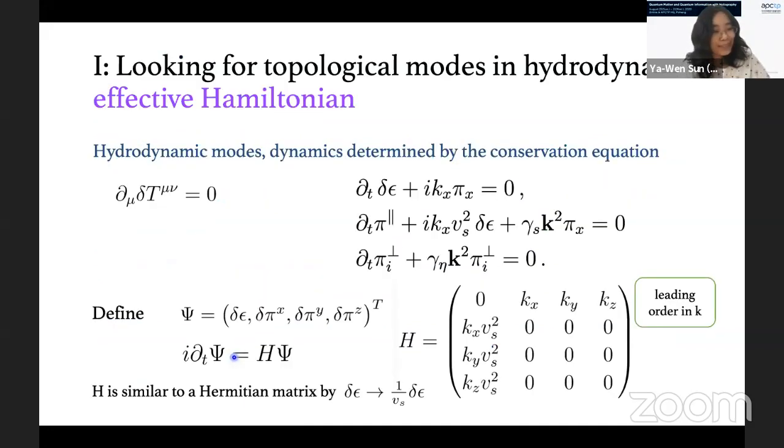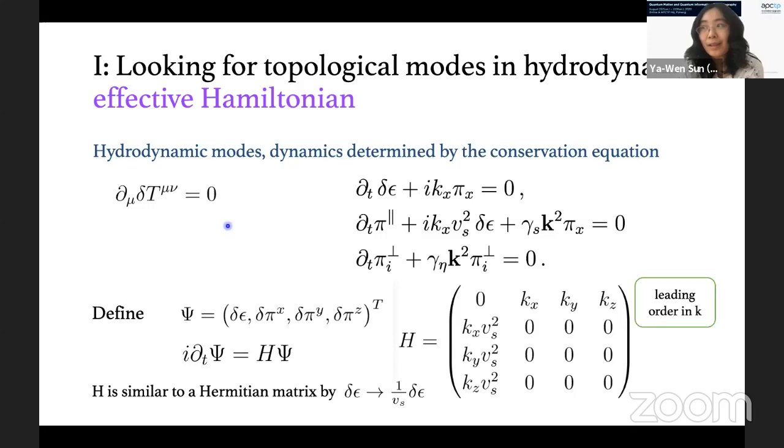So let me come to the first part, to define an effective Hamiltonian for the system. The conservation equation for a hydrodynamic system looks like this. And this delta T mu nu is the perturbation of the energy momentum tensor away from equilibrium.